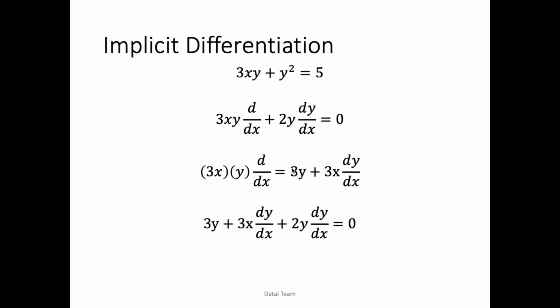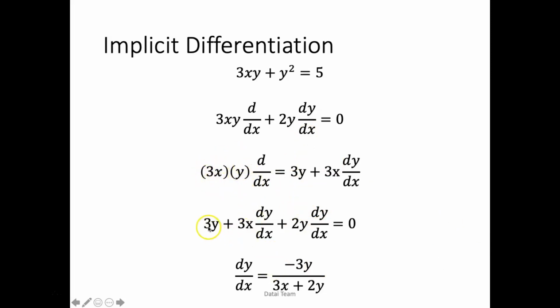And then when we add this one with 2y dy dx, we get 3y plus 3x dy dx plus 2y dy dx is equal to 0. Then we can write it as dy dx is equal to 3y over 3x plus 2y. We got this by differentiating this with the product rule.